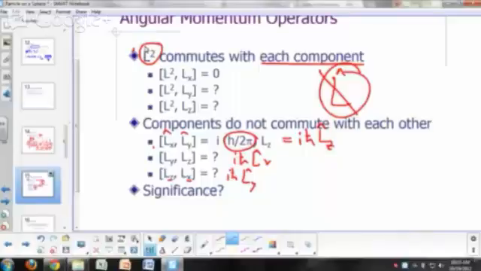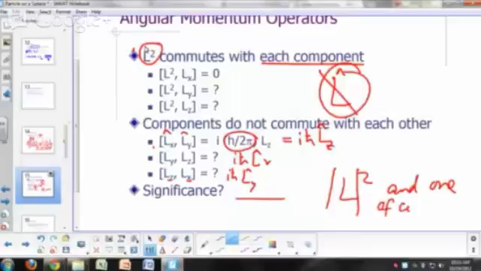So the significance of that is it's possible to determine L squared and one of the components precisely at the same time. But by doing that, you give up information about the other two components.